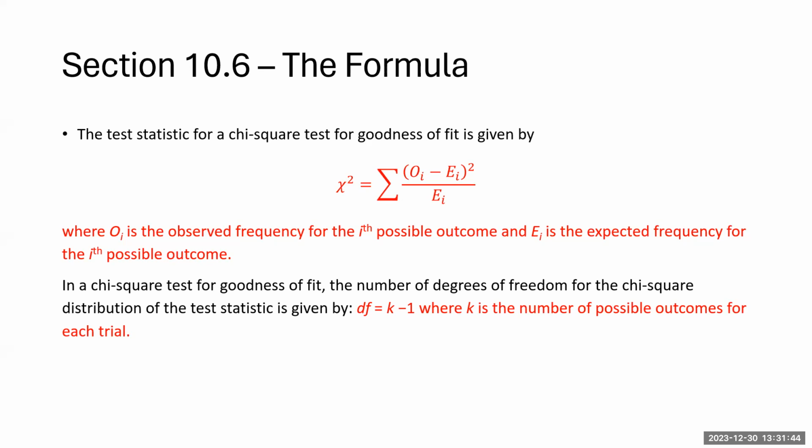Now, there's one other thing that we're going to need to do in this test, and that is to use what's called a degree of freedom. A degree of freedom has a relationship to the sample size, in this case, the number of categories that we're going to be looking at. In the previous example, that would have been four colors. What it helps us do is define what the chi-square graph looks like.